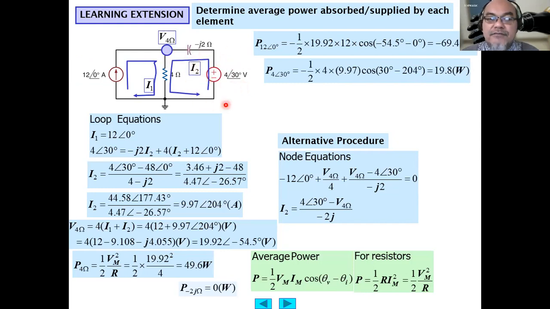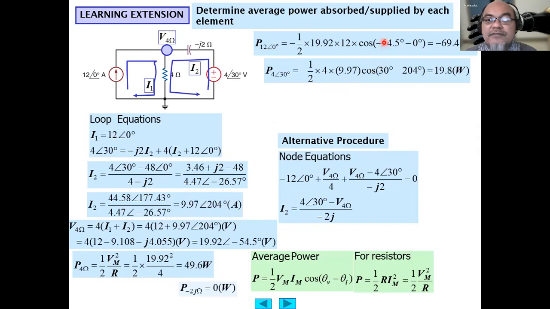The power at this voltage source will be equal to the power absorbed by passive sign convention. Since current is leaving this voltage source, we assign this negative value as well. It means that this is supplying power. And we obtain negative half times 4, the voltage, times the current I2 max, which is 9.97.